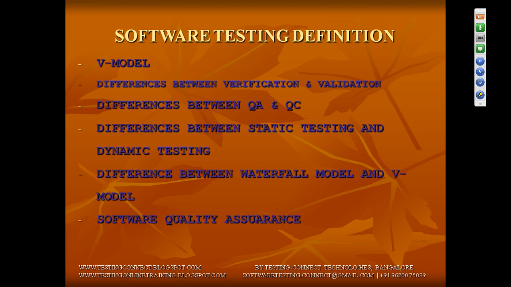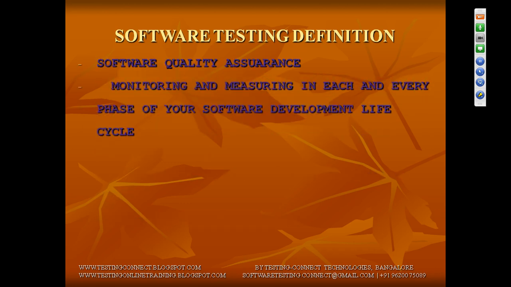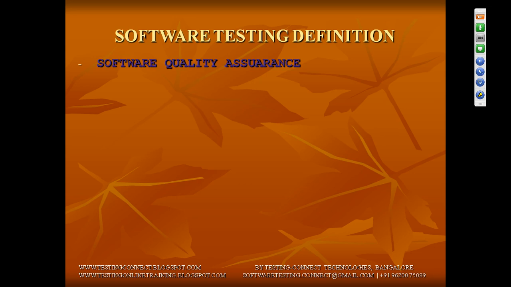Software development life cycle means different phases. So what do I mean by monitoring and measuring? How the activities are going on, that is what you are monitoring and measuring, right? That is nothing but verification. So software quality assurance is monitoring and measuring in each and every phase of your software development life cycle.